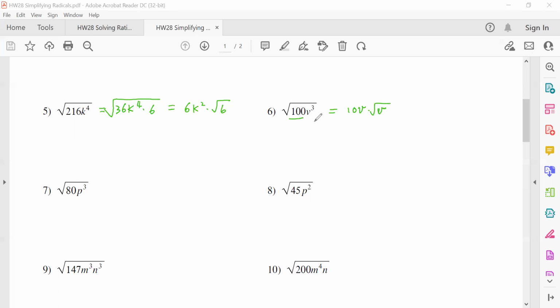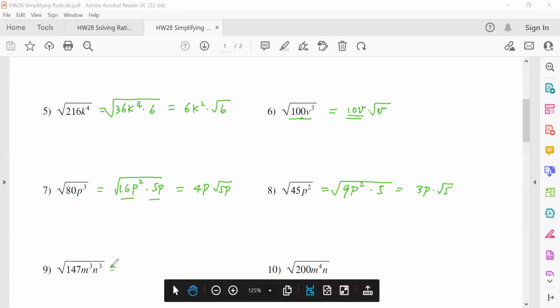So here 100 v squared, when they take it out after square root, you became 10v. So 16p squared times 5p, right? So here can breaking down became 4p square root 5p. What about this one? 9p squared times 5, right? So you can get a 3p.